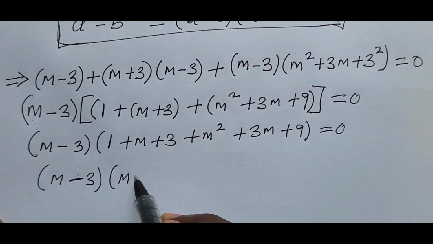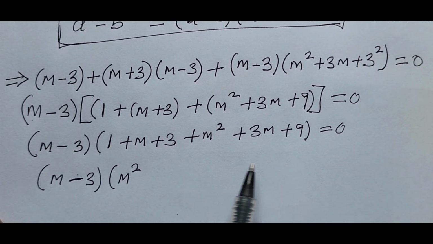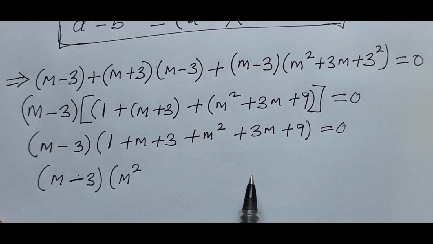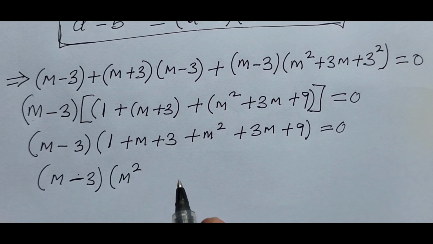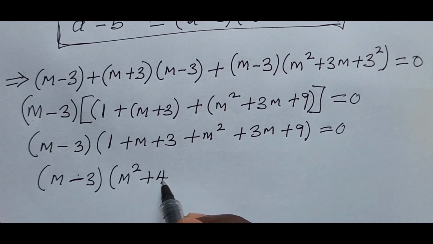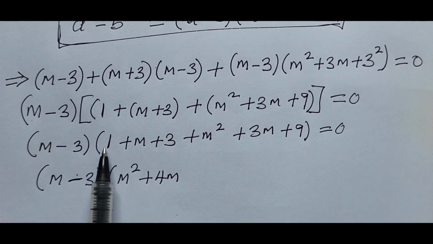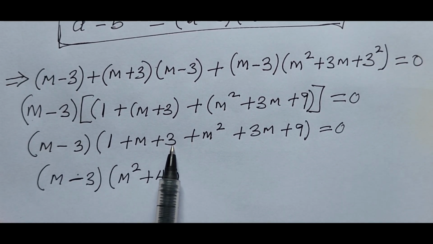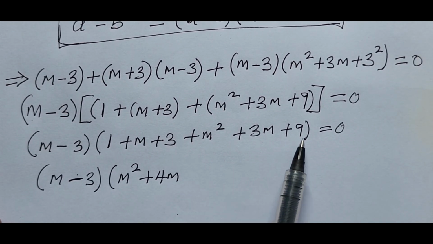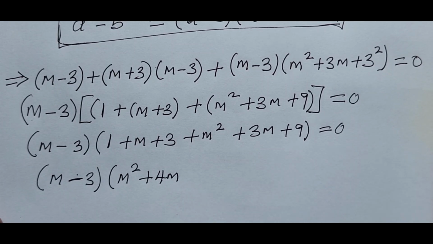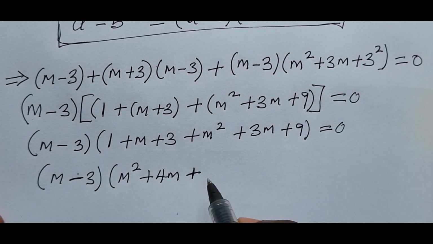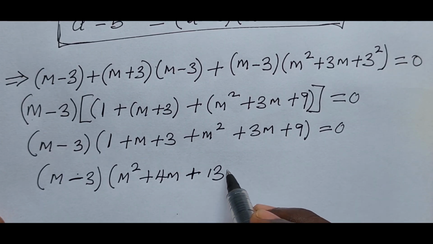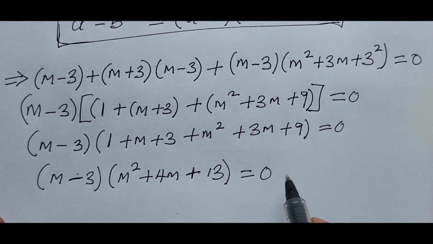Then let's take the terms with m together: m plus 3m gives us 4m. Then 1 plus 3 gives 4, and 4 plus 9 gives 13. So we have (m - 3)(m^2 + 4m + 13) equal to 0.